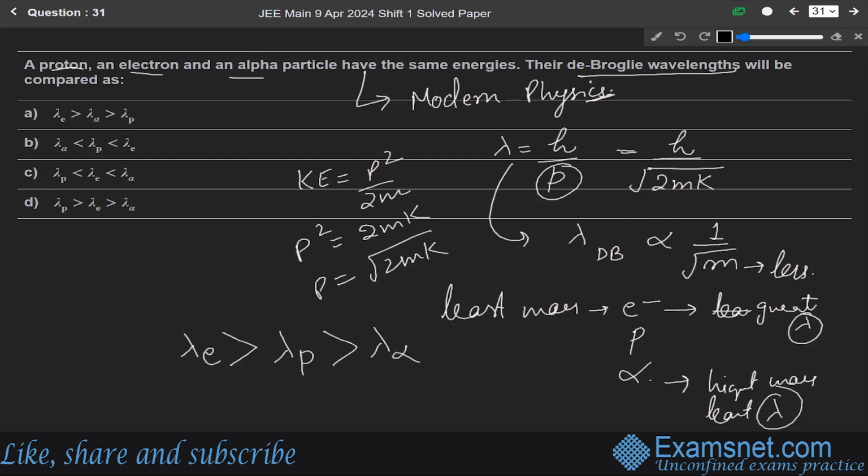It means the alpha particle has the least wavelength since it has maximum mass, and the proton, having mass between the electron and alpha particle, has a wavelength lying between them. The electron has the least mass, so its wavelength is the highest. So the correct option among these four is option B, that is wavelength of electron is greater than the wavelength of proton, and it is greater than the wavelength of alpha particle.